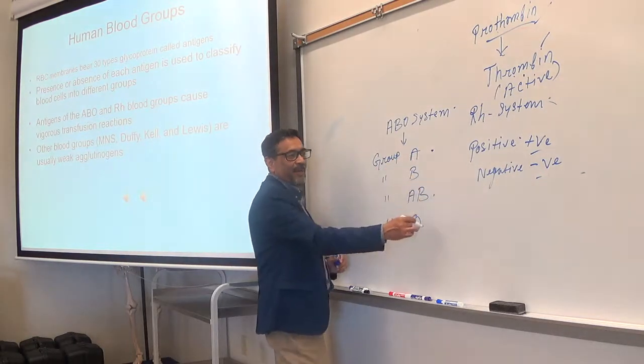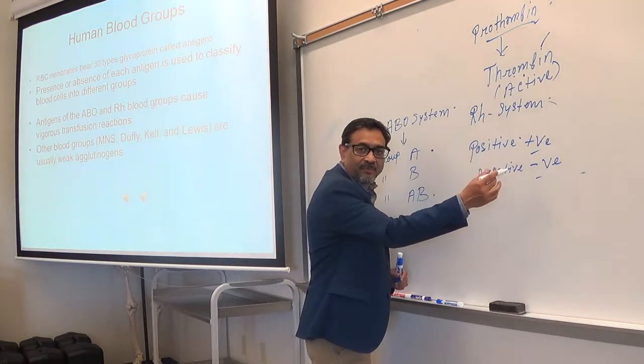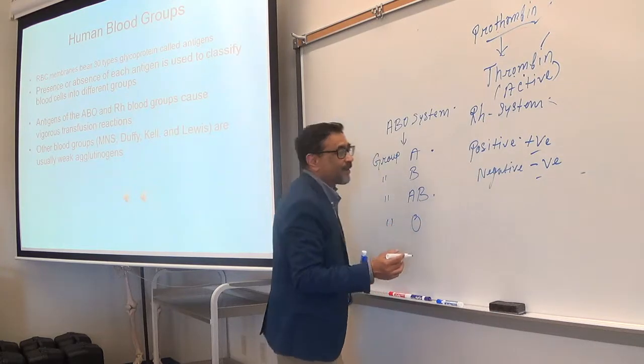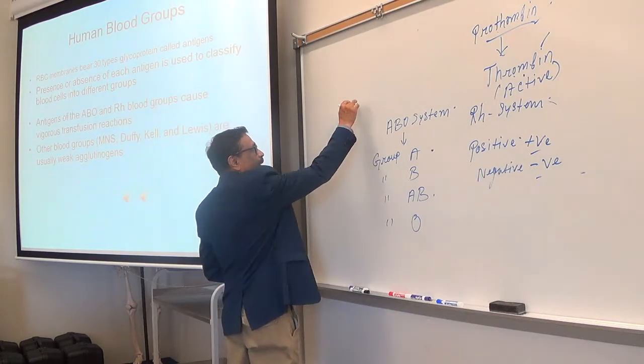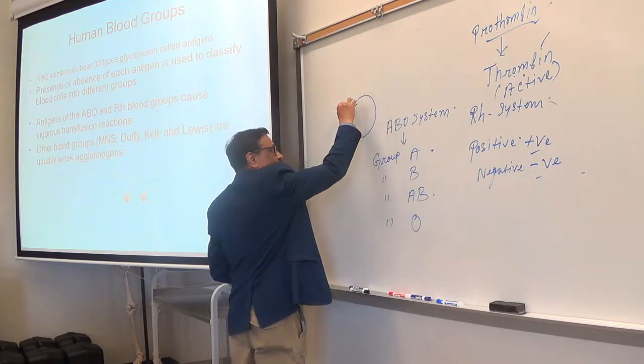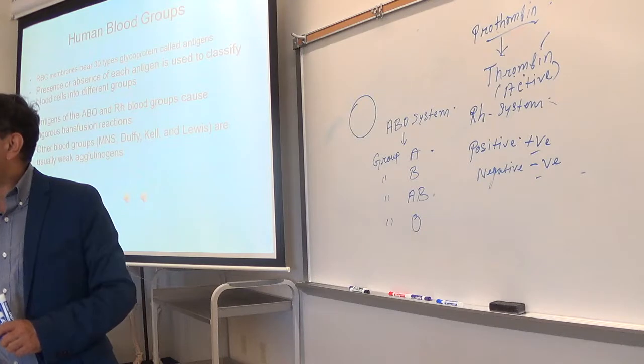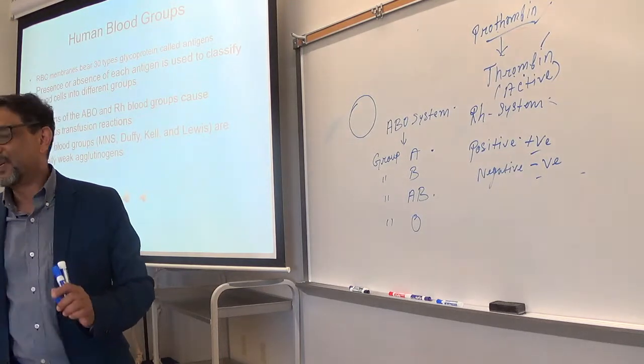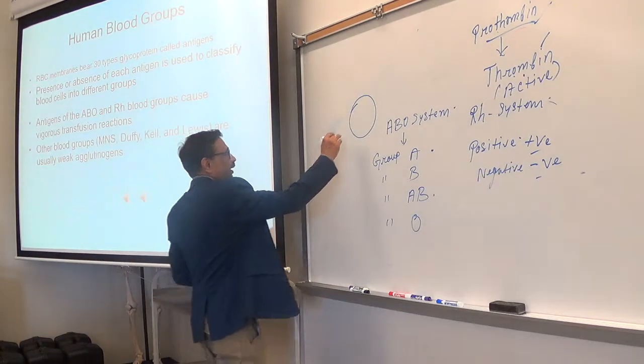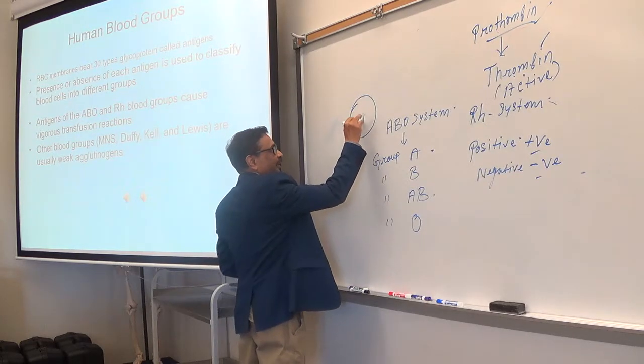Now, why is the blood type different in different people? Blood type is determined by the presence or absence of antigens on the red blood cell surface. So this is a red blood cell. Very simple.